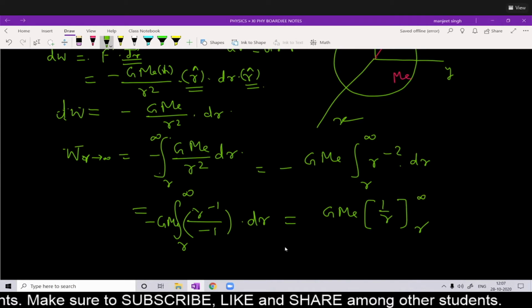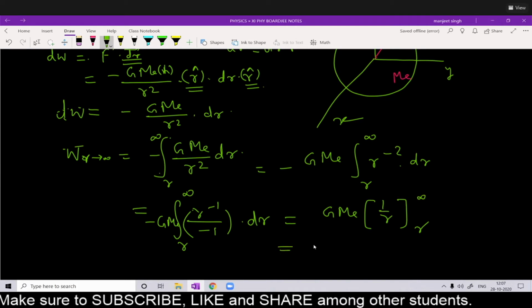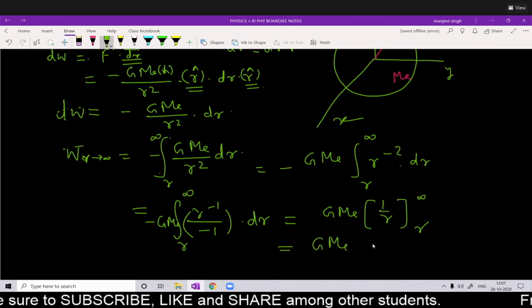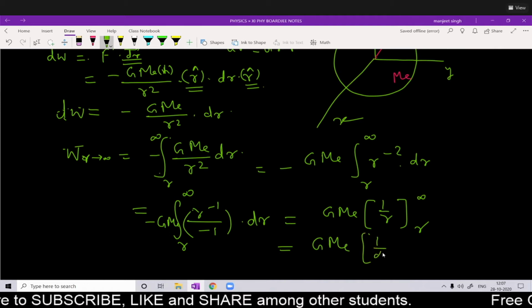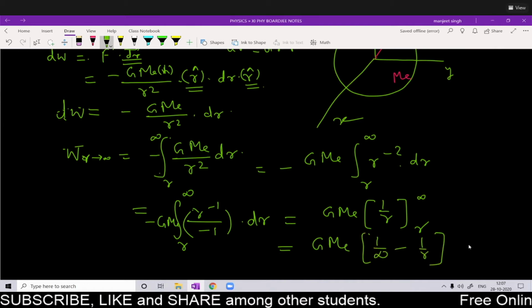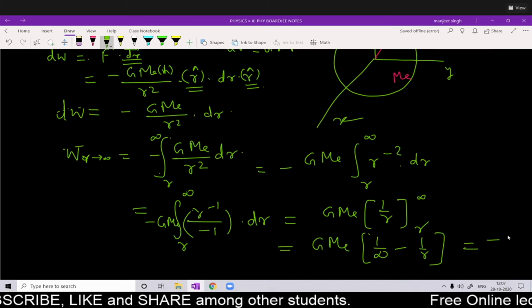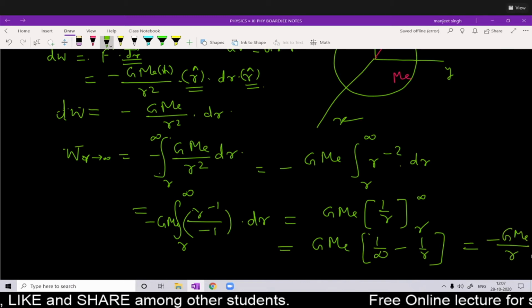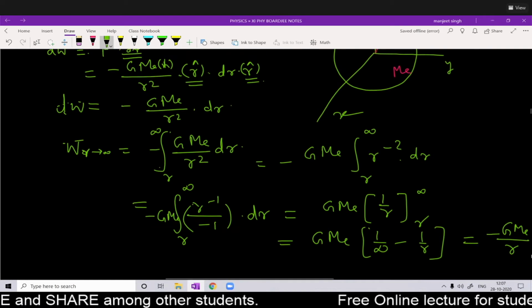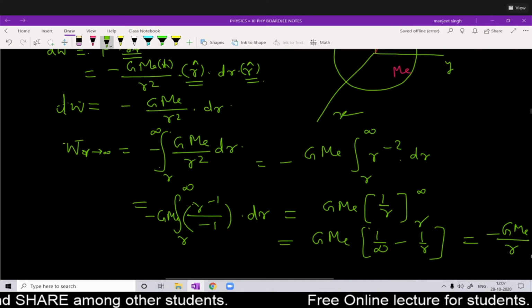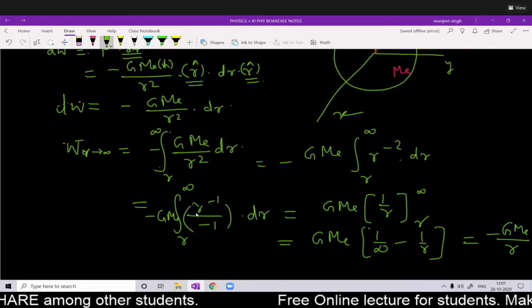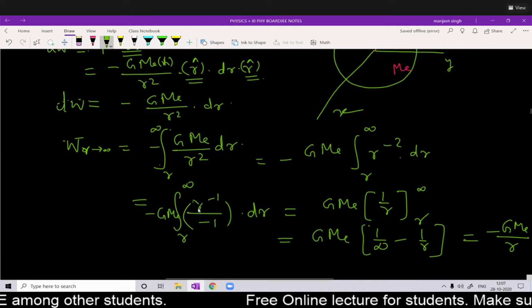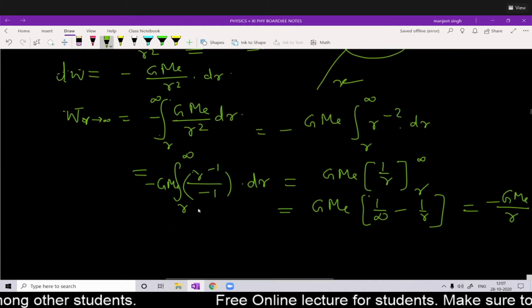So it will become G M e, upper limit minus lower limit, and this becomes minus G M e upon r. This is the work done in bringing a mass from r to infinity.